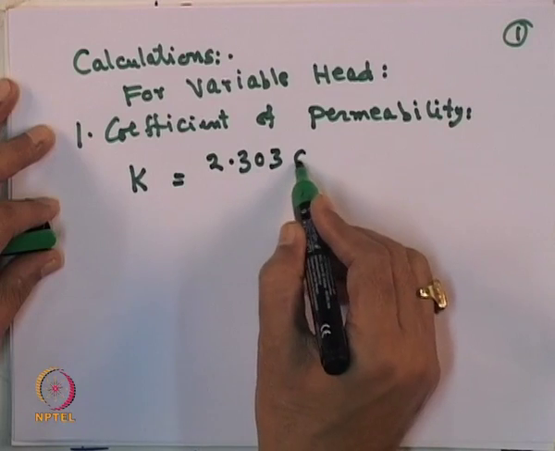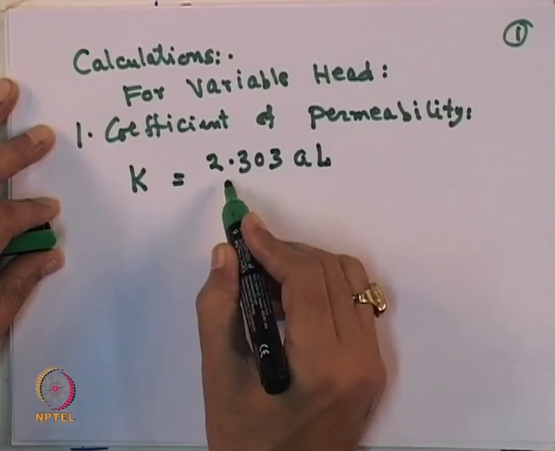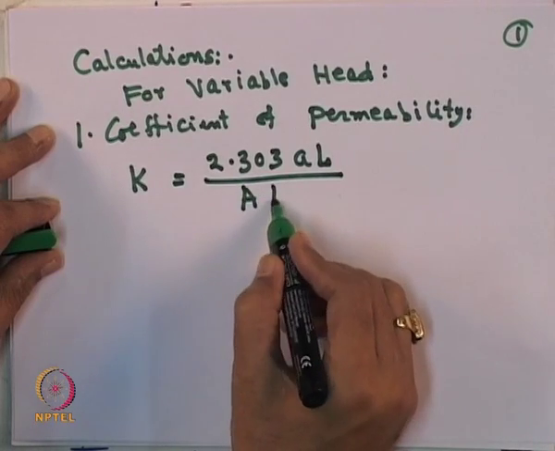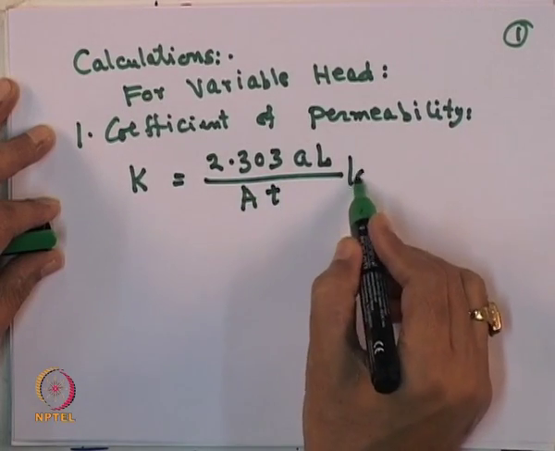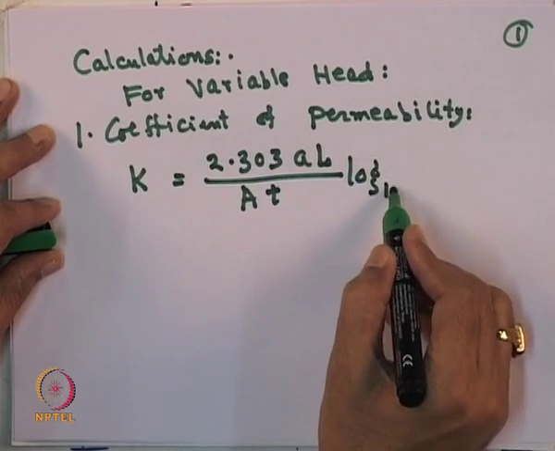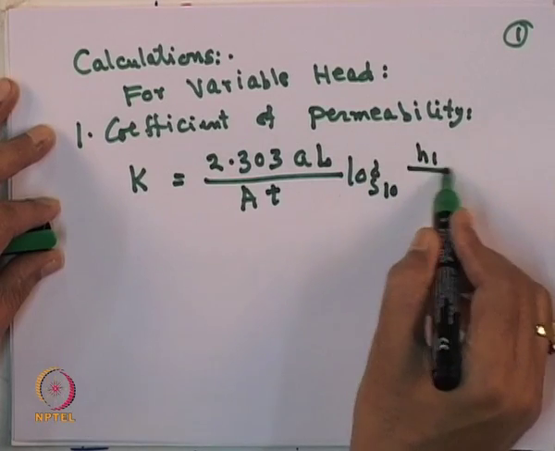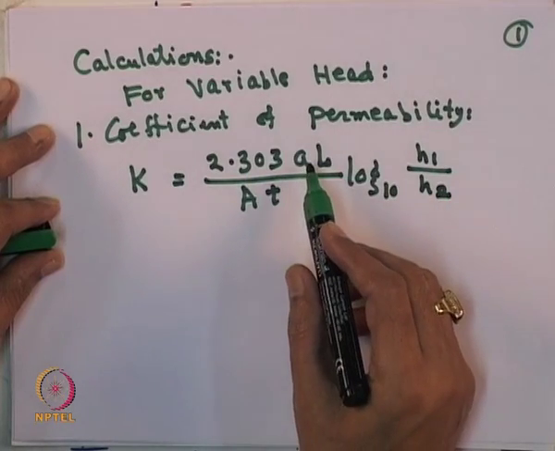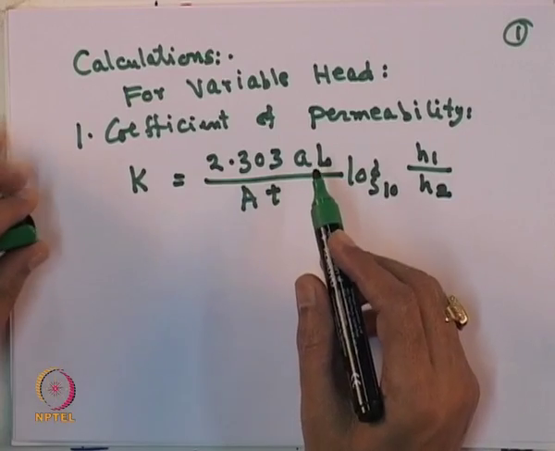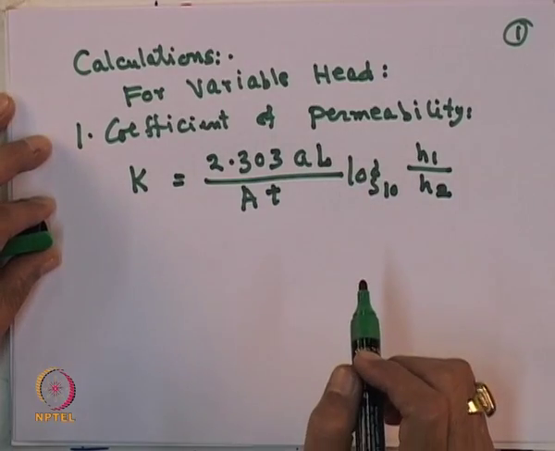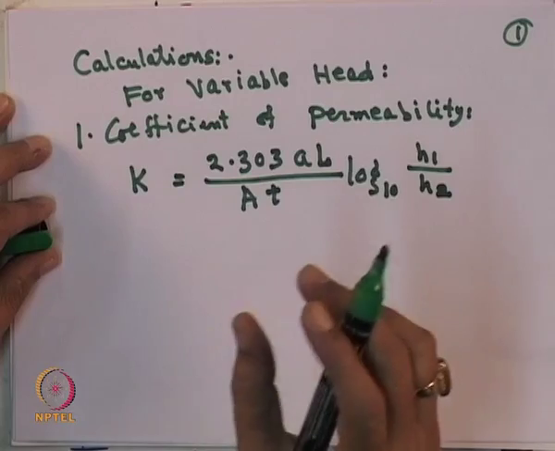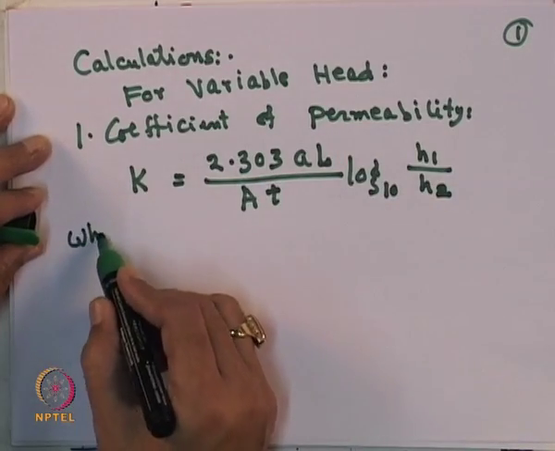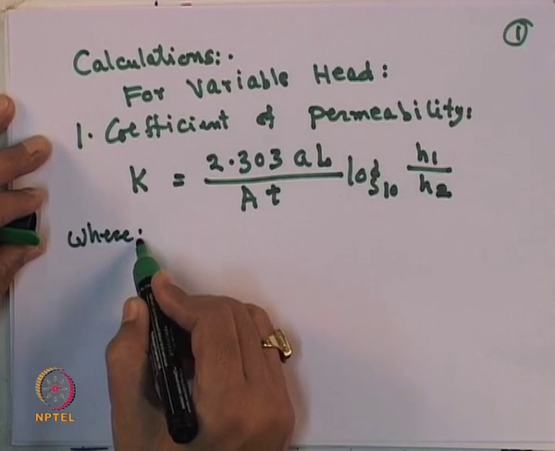2.303 a into L, divided by A into T into log 10 of H1 minus H2, where small a is the cross section of the standpipe. I showed you earlier what the standpipe is.